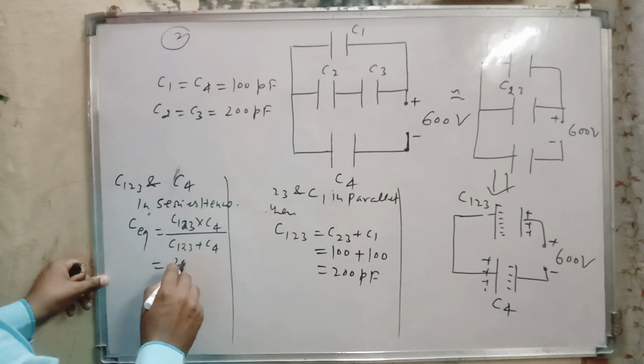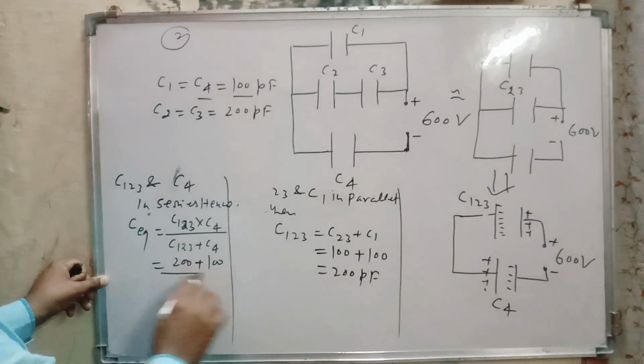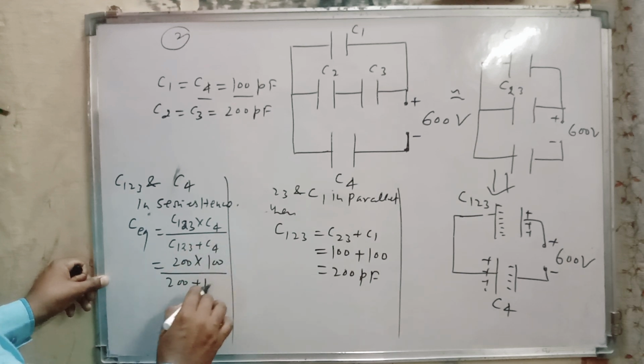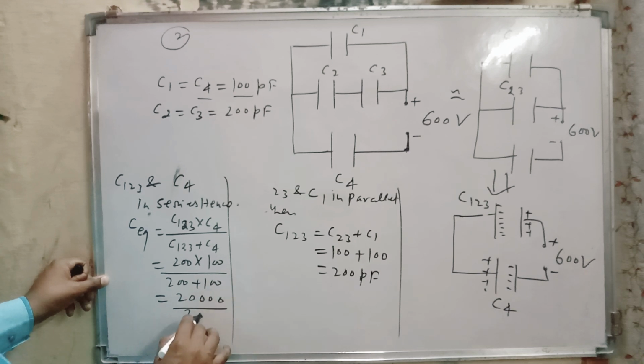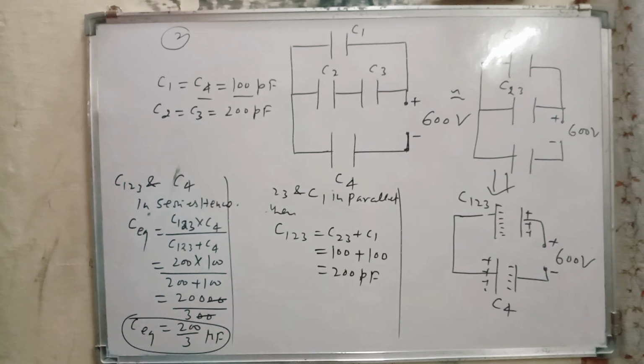That means 200, and the value of C4 is 100, and this is 200 plus 100. That means this one is 20,000, this one is 300, this one is 200 divided by 3. This is the equivalent capacitance of the network.